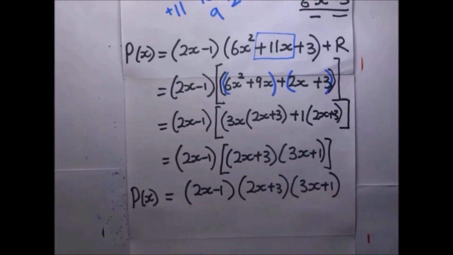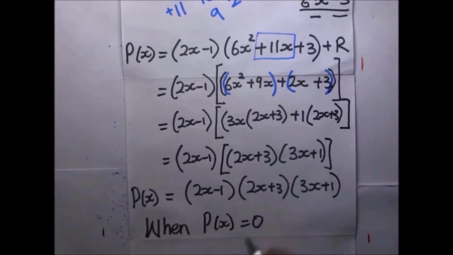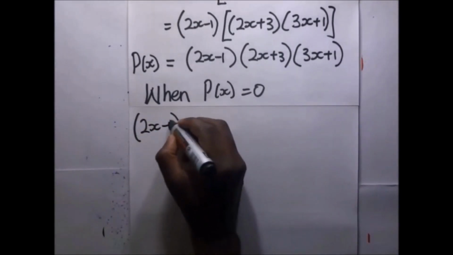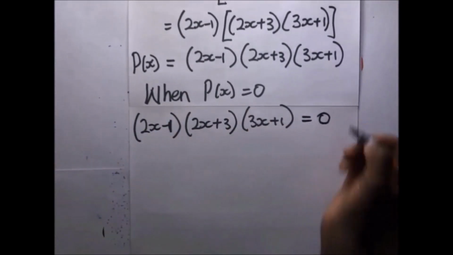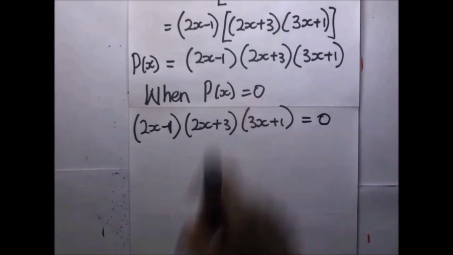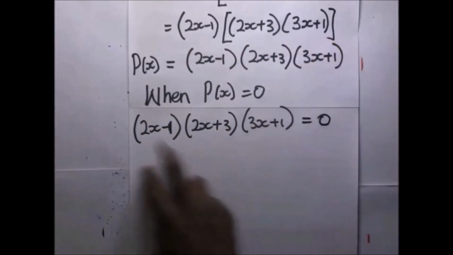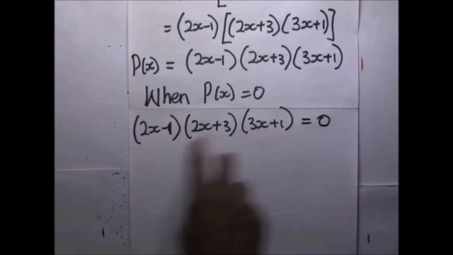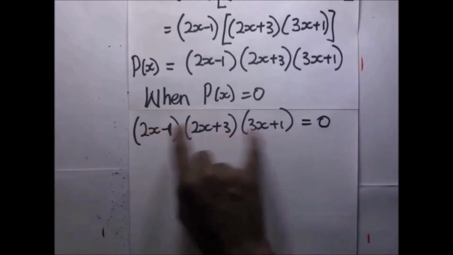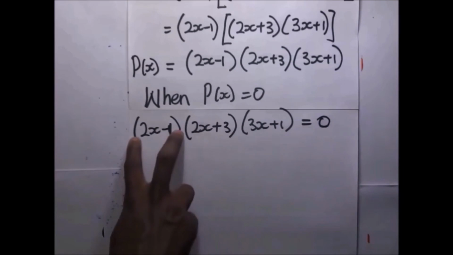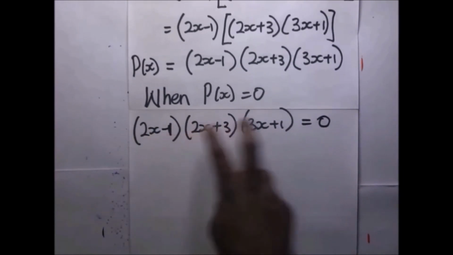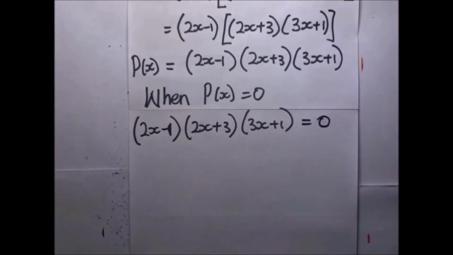For us to be able to get the value of x, this should be equal to 0. So when p of x is equal to 0, then this is also equal to 0. If you multiply these three factors and you're supposed to get 0, it means that either this one is 0, or that one is 0, or that one is 0. And it's from there that we are going to get our value of x.